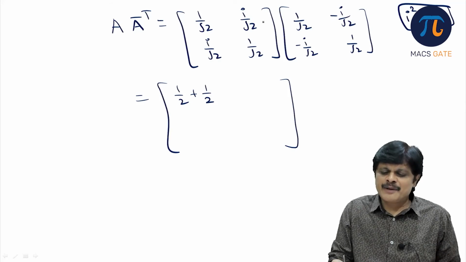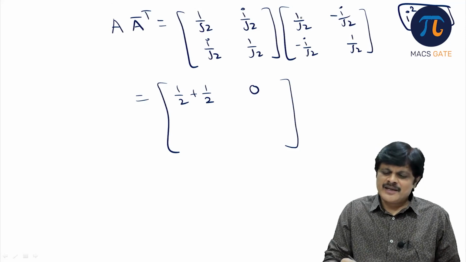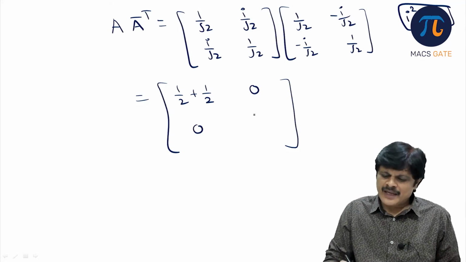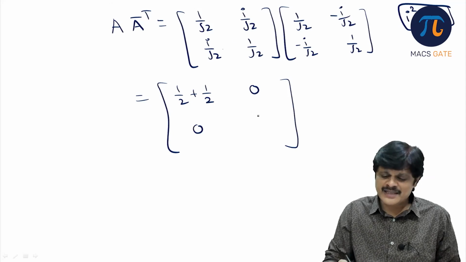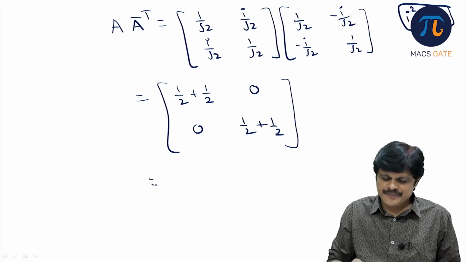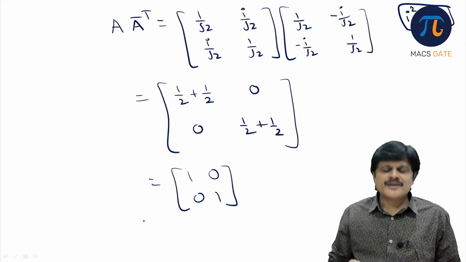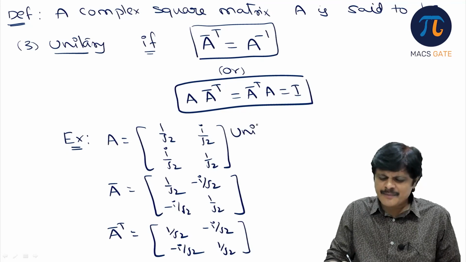Minus i by 2 plus i by 2, 0. i by 2 minus i by 2, 0. And i square, minus i square means this into this. Minus i square means plus 1 by 2 plus 1 by 2. So you got the answer 1, 0, 0, 1. So the given matrix A is a unitary matrix. This is a unitary matrix.